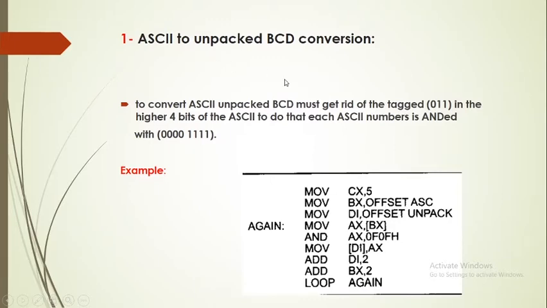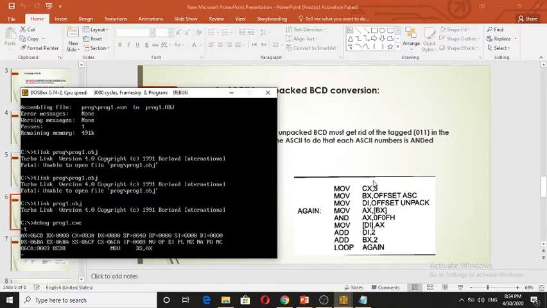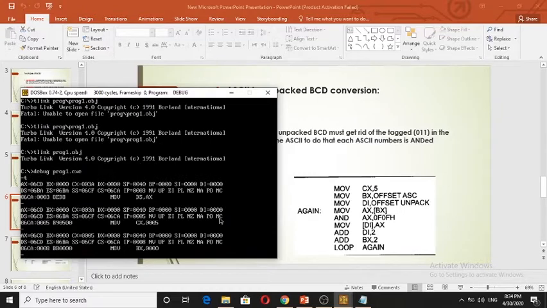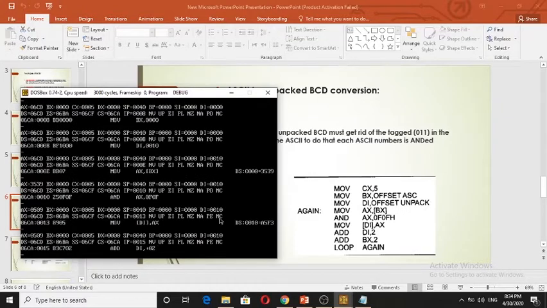So let's run this program and see how it works and how to convert the ASCII code to unpacked BCD. To run this program, we have to use DOSBox or the emu8086 emulator. I will use DOSBox now, and as we see here, our code is running with the loop.